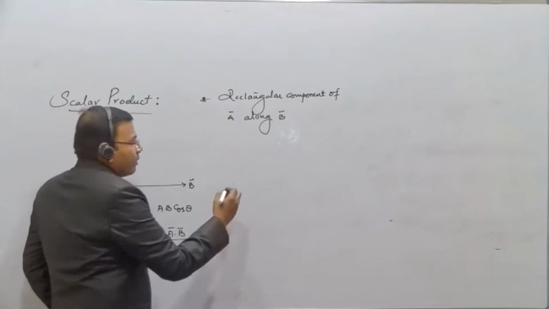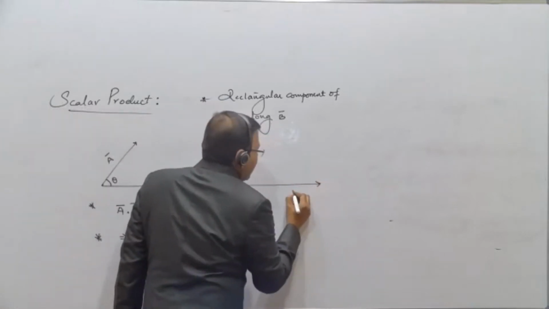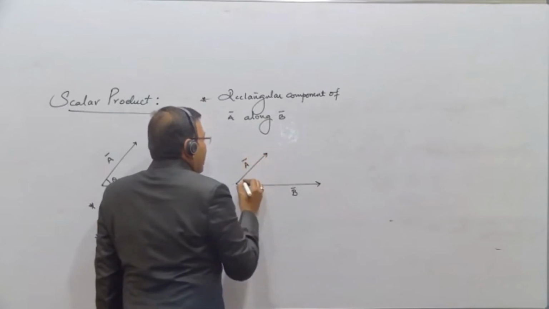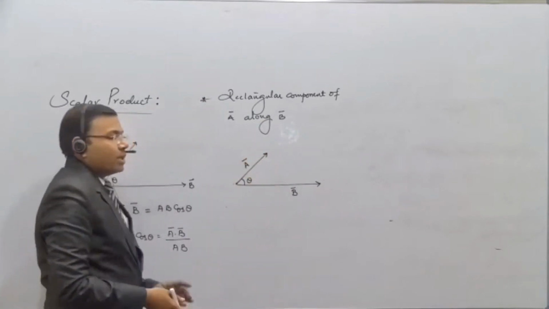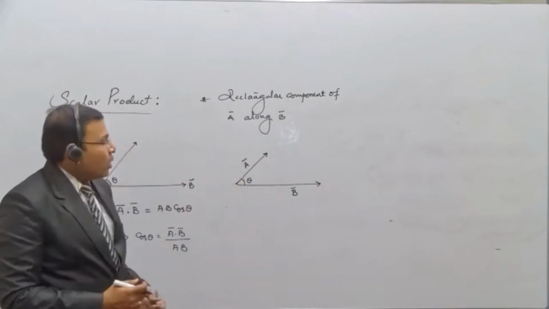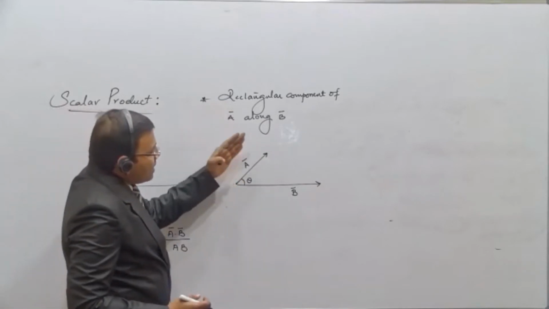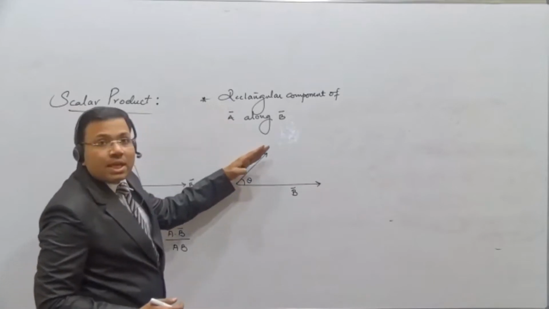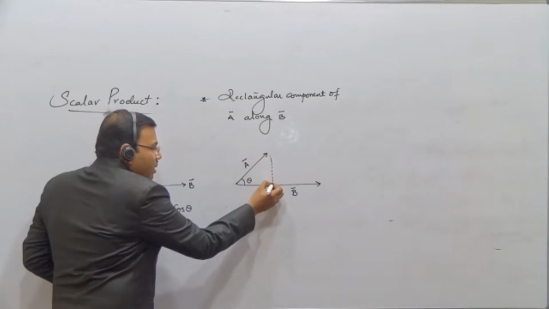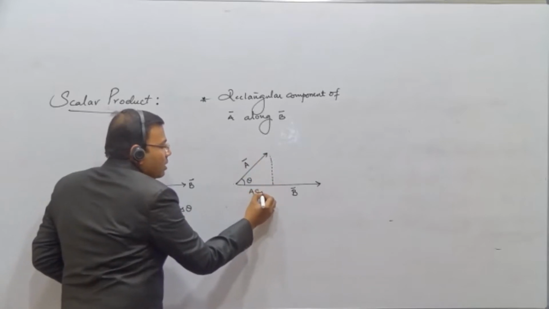So for this, let us take the figure once more. This is vector B and this is vector A, and this is an angle theta. So we know how to resolve this into rectangular components. If this is A, then if I resolve this, this is A cos theta.